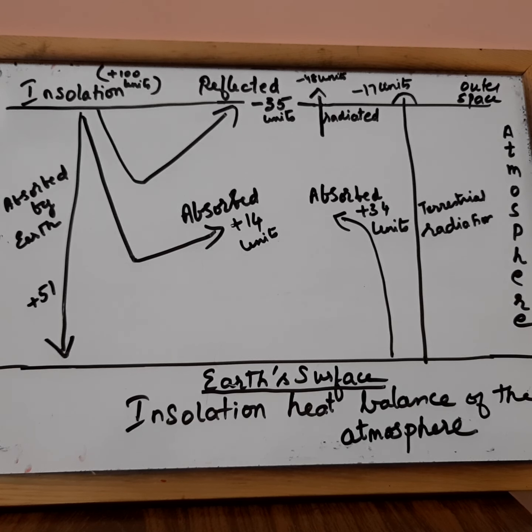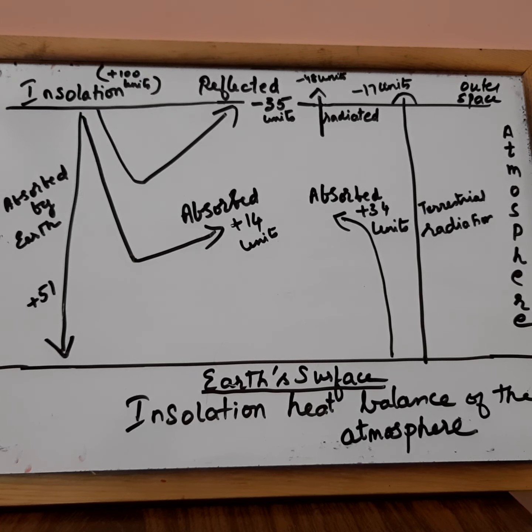The action of the atmosphere may be compared to the action of a glass house or greenhouse. Normally, you find a glass house or greenhouse in cold regions, the mountainous regions. The greenhouse is used for preserving vegetables and flowers.